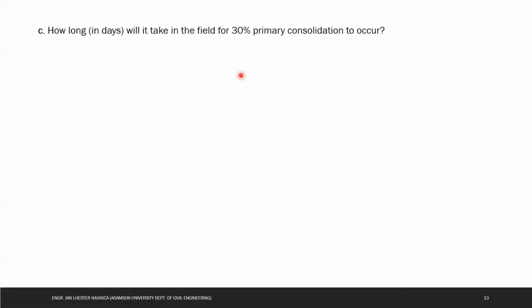Okay, next problem is how long again in days it will take in the field for a 30% primary consolidation to occur. Take note that in the laboratory you found out that that is 50%, and in actual site condition you want to check what the 30% primary consolidation is.